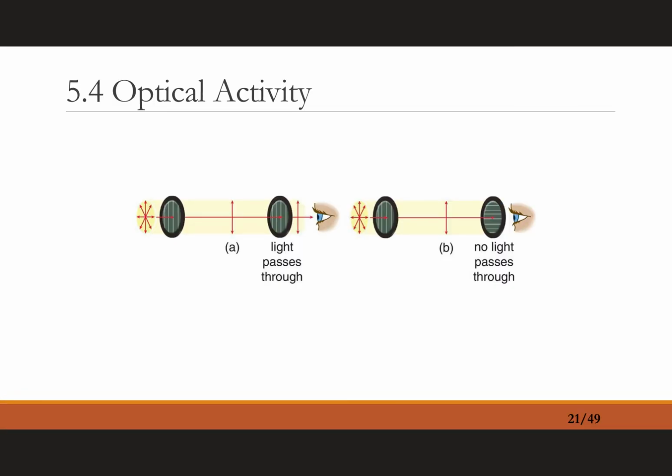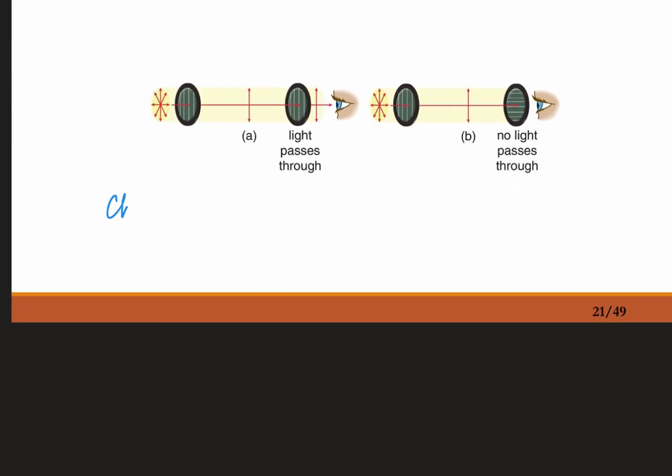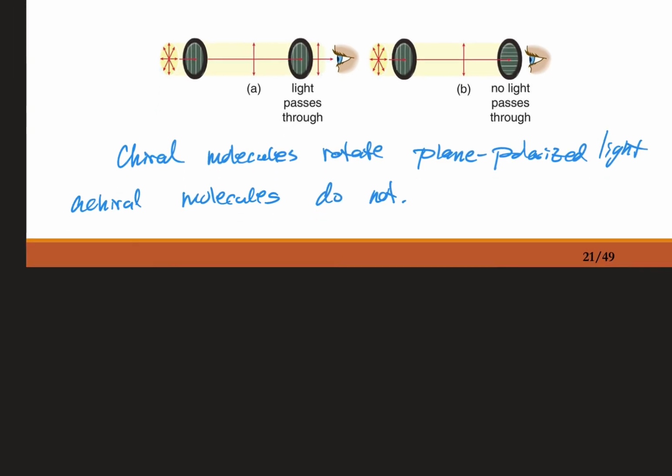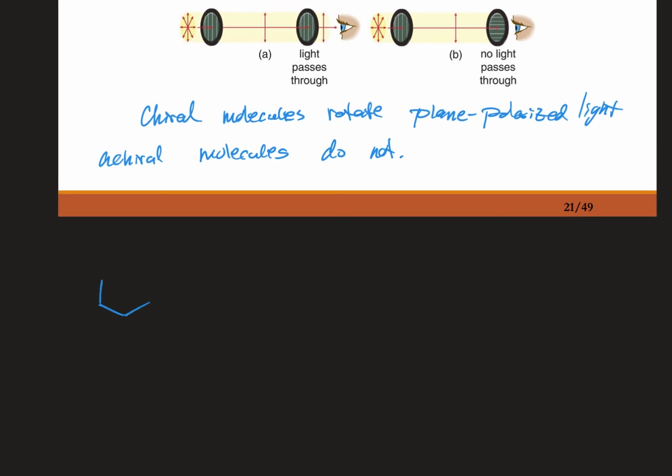Now, the key thing is that chiral molecules rotate plane polarized light, while achiral molecules do not. All right. So again, just to make this simple, this compound we determined was achiral.